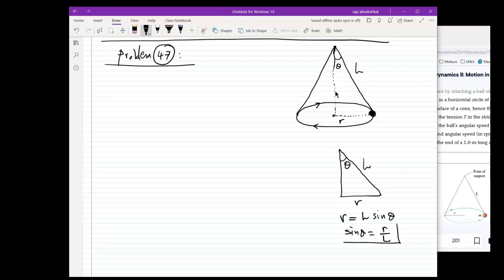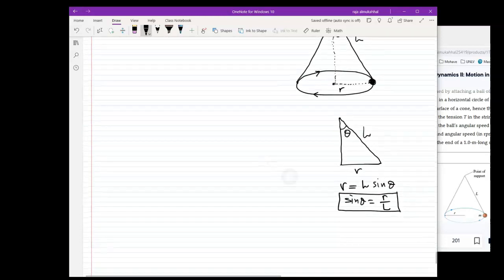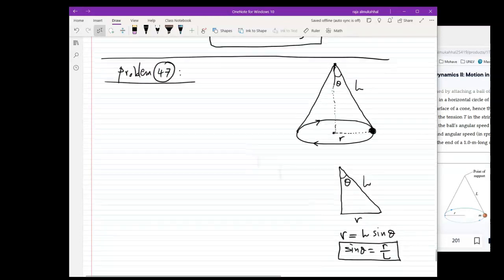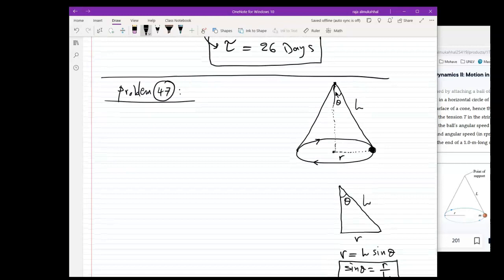Let me box this one. I don't know if I need it or not. I'm just trying to solve this problem, to put in all the ideas that I have. Another thing to keep in mind: if this is L and this is R, what would be the length of this line right here? Well, it would be L squared minus R squared, using the Pythagorean theorem. So this is the square root of L squared minus R squared. Make sense? So I'm going to keep it like that.